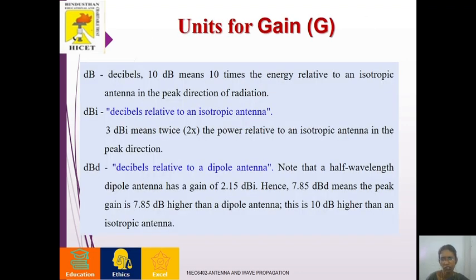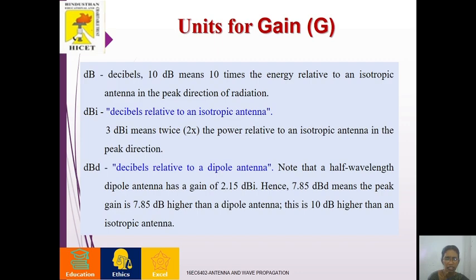Normally, the gain is specified in three different forms. One is dB, another is dBi, another is dBd. dB is decibels, which means if you say 10 dB, it is 10 times the energy relative to an isotropic antenna in the peak direction of radiation. Next is dBi, decibels relative to an isotropic antenna. If you say 3 dBi, then it is twice the power relative to an isotropic antenna in the peak direction.